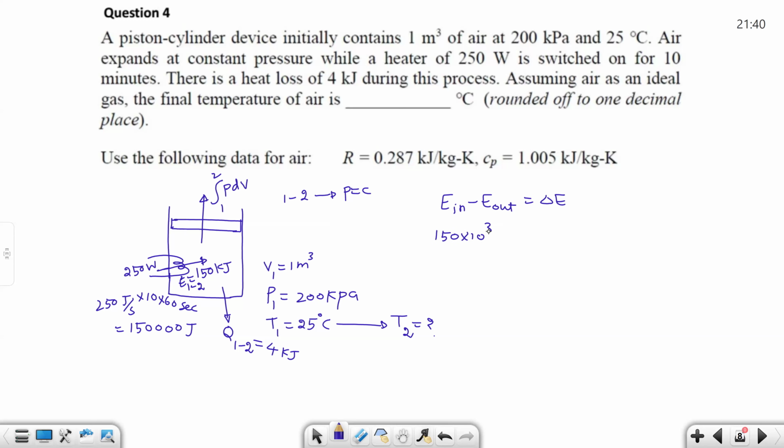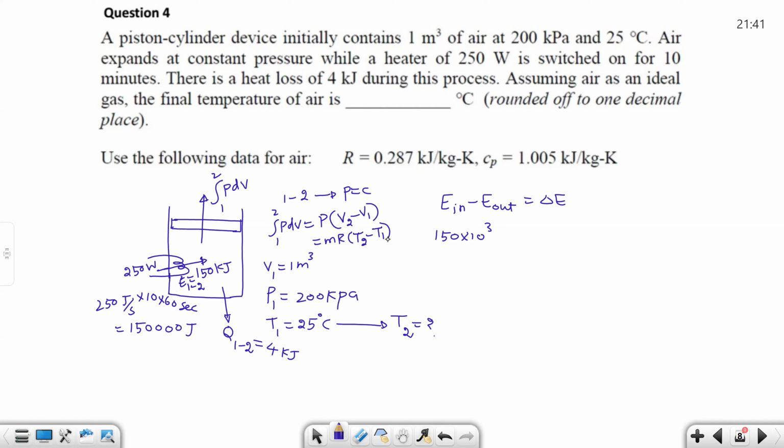Then the energy out is integral pdV, the expansion. Integral 1 to 2 pdV, pressure is constant, will be P times V2 minus V1. Because it is an ideal gas, you can write mR into T2 minus T1.